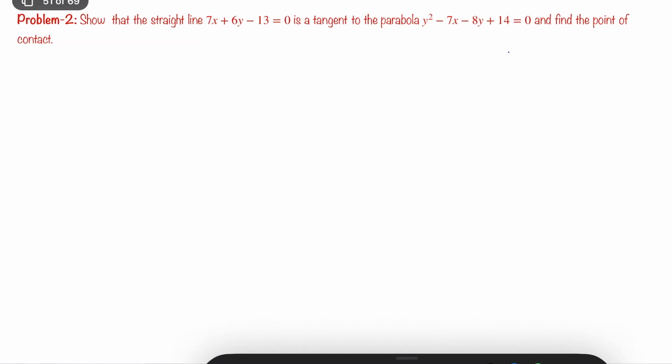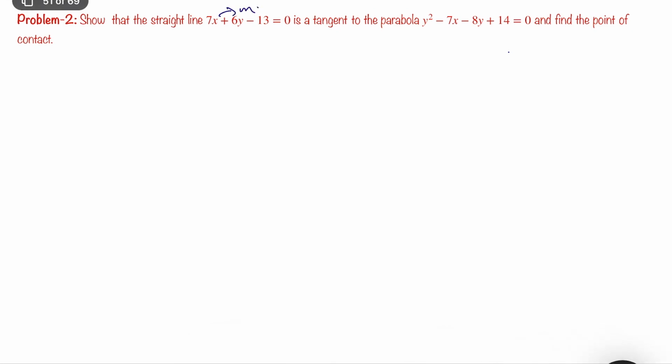Next, problem 2. Show that the straight line 7x + 6y - 13 = 0 is a tangent to the parabola y² - 7x - 8y + 14 = 0 and find the point of contact. Here the slope of the line is -7/6, which is not 0, so this is not a horizontal line.